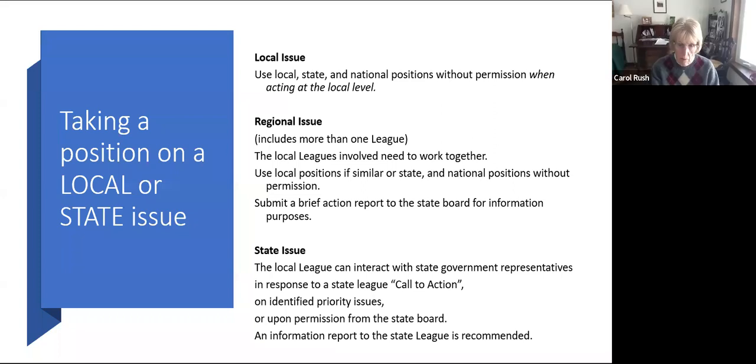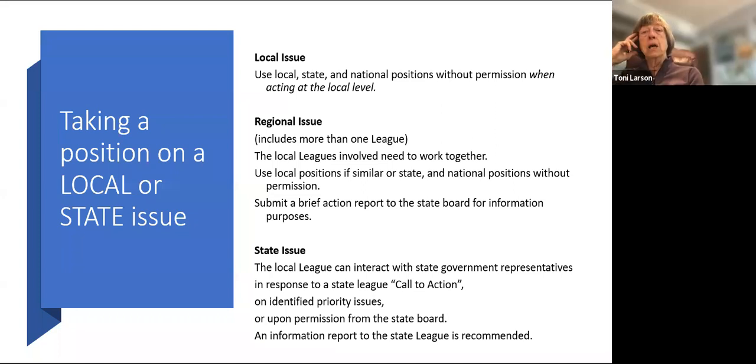Okay, so local issues, I've touched on this a bit. You can use local, state, and national positions without permission when acting at the local level. Regional issues are when something affects more than one league. So we had the Suncor issue in the Denver metropolitan area, but it particularly affected Adams County and Denver.